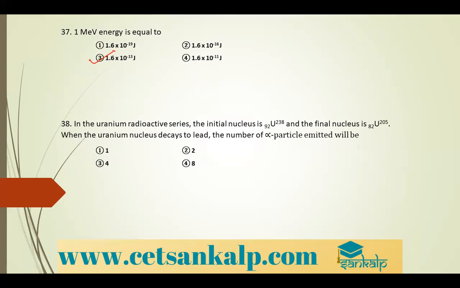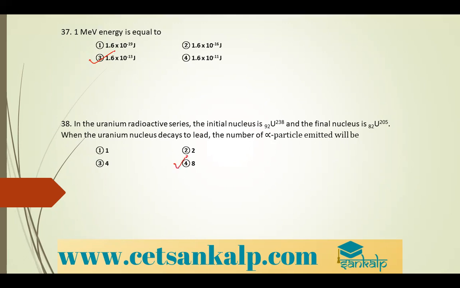In the uranium radioactive series, the initial nucleus and final nucleus. When the uranium nucleus decays to lead, the number of alpha particles emitted will be. So it's a theory based question.